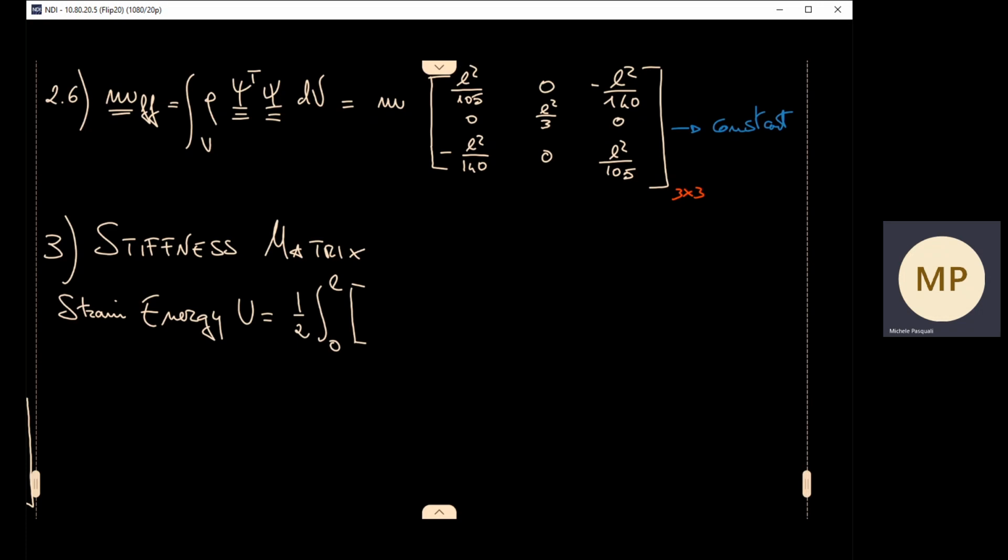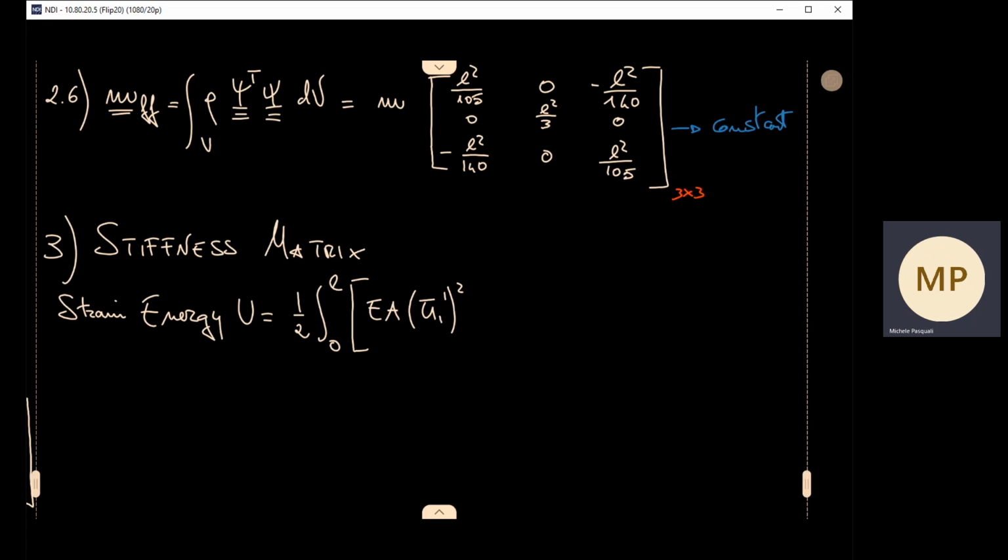What is the typical expression for the axial deformation energy? It's the axial rigidity, EA, times the first order derivative of the deformation along the axis. So it's U1 prime squared.